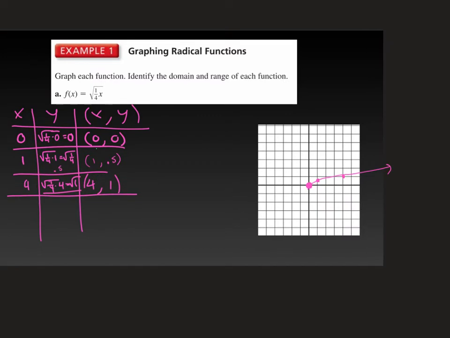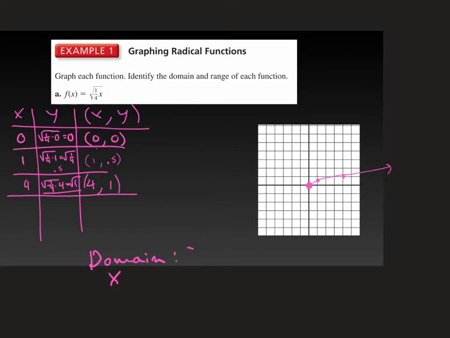All right, let's identify our domain and range. So domain is our x values. We did not plug any negatives in here for a reason, because we can't have a negative under the square root. So what do you think our domain is? What's the smallest x value we can plug in here? 0.